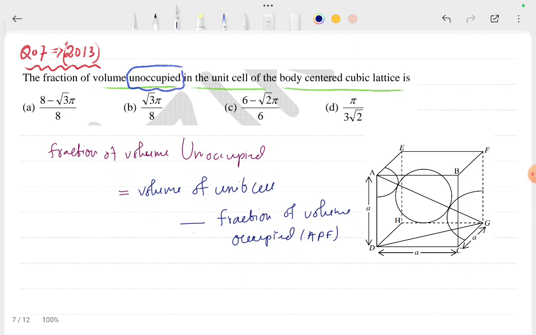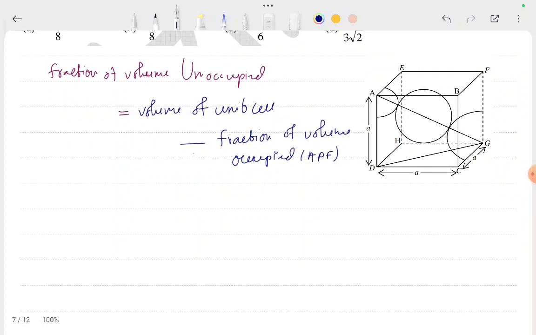So for BCC crystals, we already know how to calculate the atomic packing fraction. We'll just revise here how to calculate the atomic packing fraction for BCC crystals.